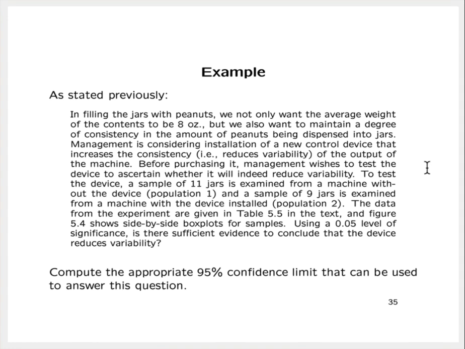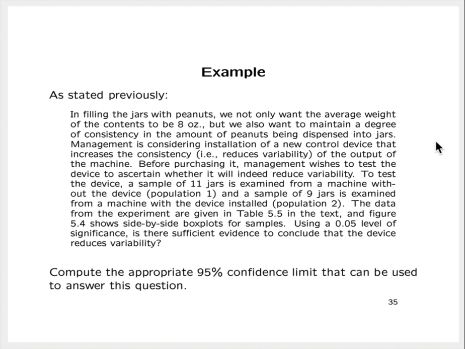And so let's look at an application of this. Again, going back to this situation where we're filling jars with peanuts, and the company is considering installation of a new control device that increases the consistency by reducing the variability of the output of the machine.